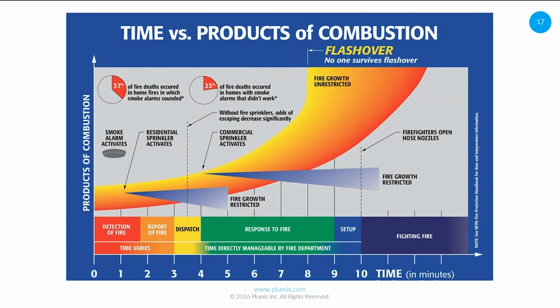When I start to look at the fire itself, we can see that we are up to that 3-minute mark on the report of the fire. Once that's reported, then we get the dispatch, the response time, and we can see that we are out there in the 9 or 10-minute time frame as we are setting up, and really before we have done anything to control the fire event. If we go back to those times in 1710, this chart and this time frame really starts to wake up your senses as to what this environment is that people are dealing with.